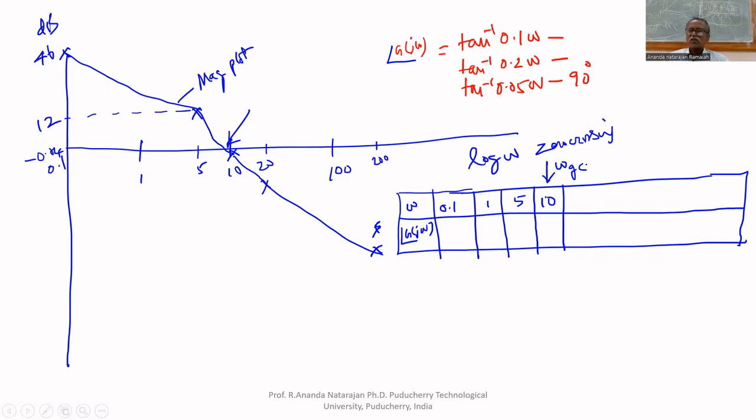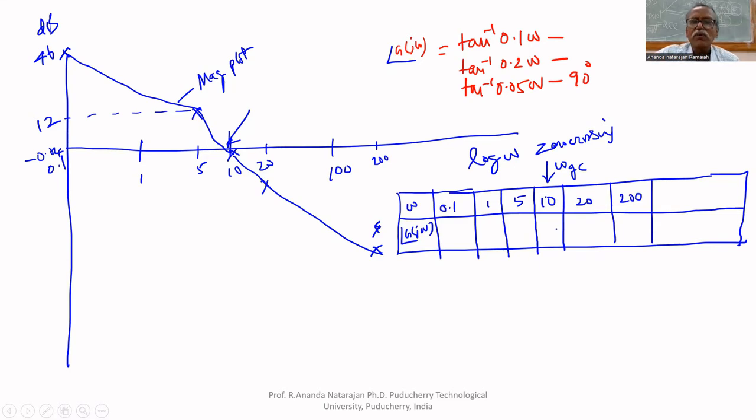That's why I'm not including that omega GC separately. Then you have to include 10, then 20, then 200. That's all. For all this, you have to find the angle.